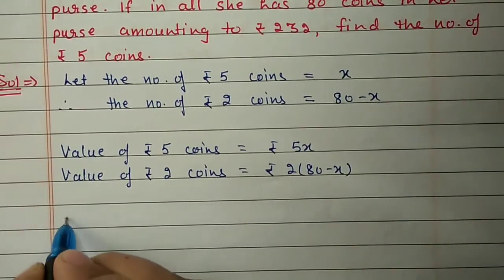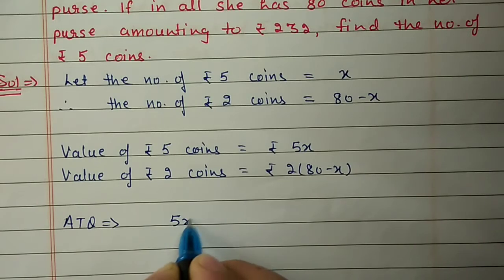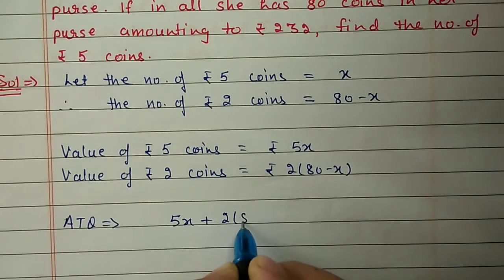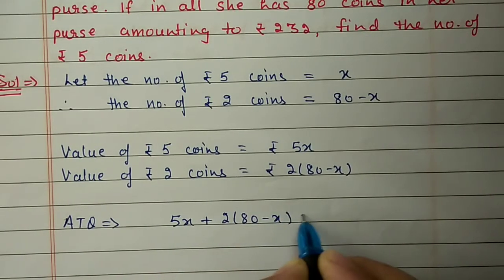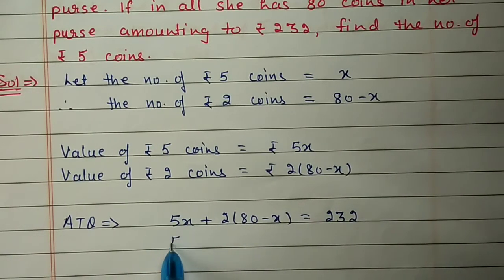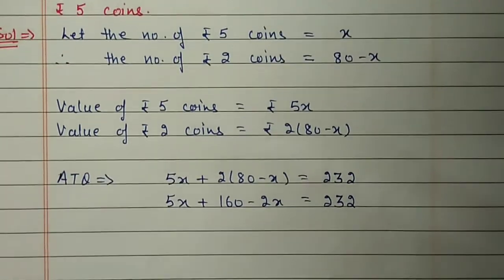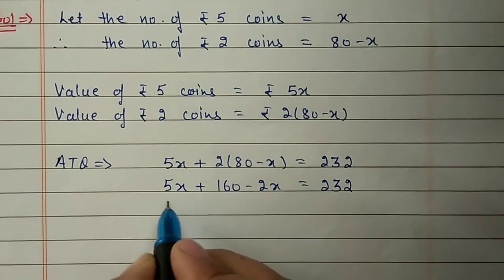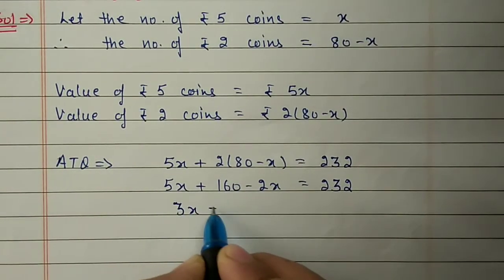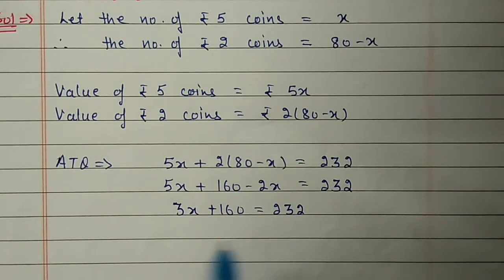So according to the question, 5x plus 2 times 80 minus x is equal to 232 rupees. Remove this bracket. 5x plus 160 minus 2x is equal to 232. Now 5x minus 2x will become 3x, and 160 we can shift to the other side.